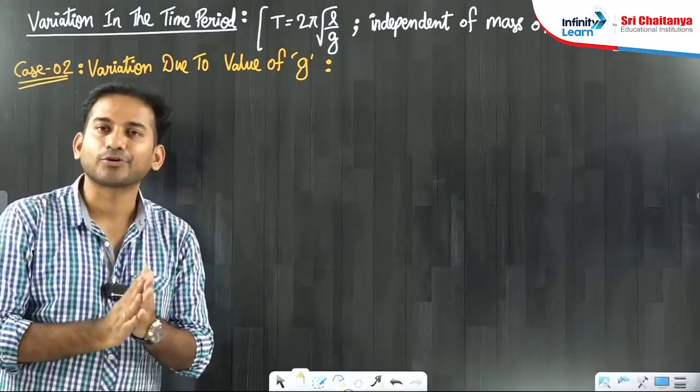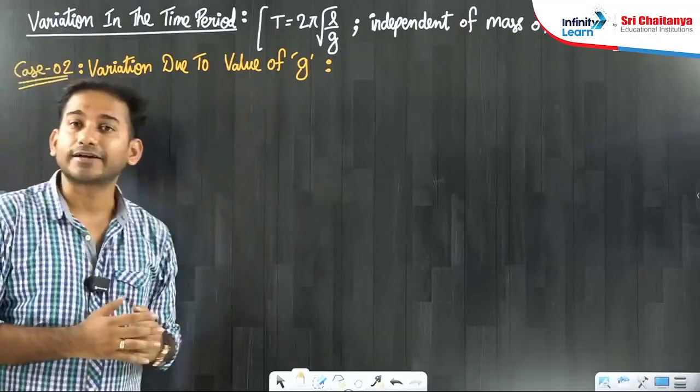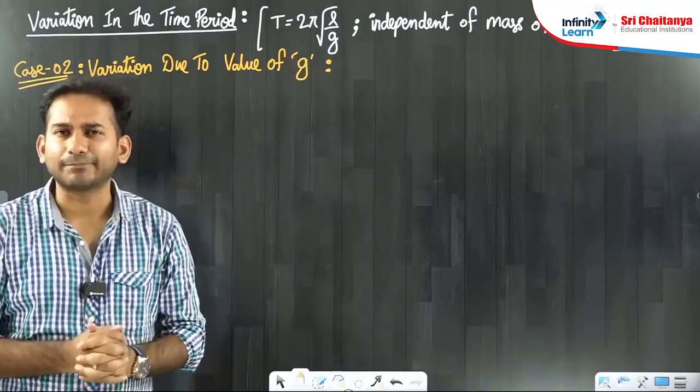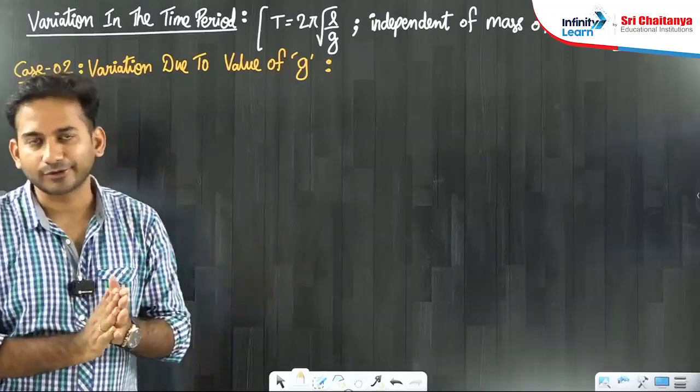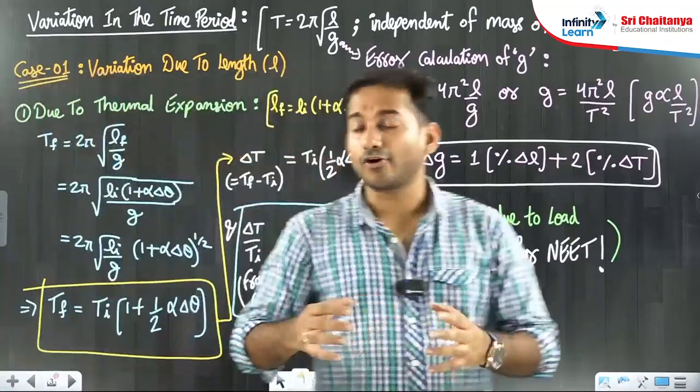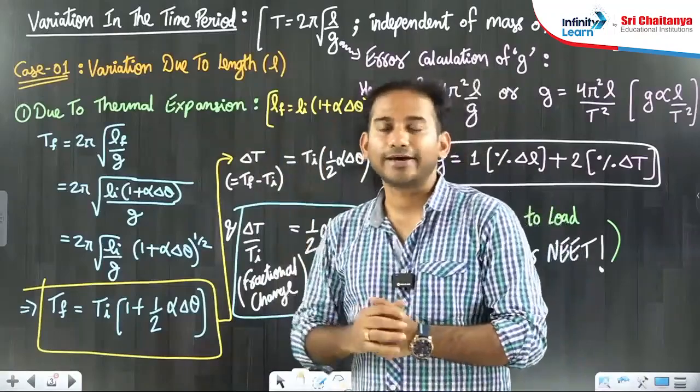Many cases will come, whenever you vary the value of acceleration due to gravity, but that we will take once you come to the campus, in the live lectures. As of now, you can stick to the variation caused due to the value of L, length.